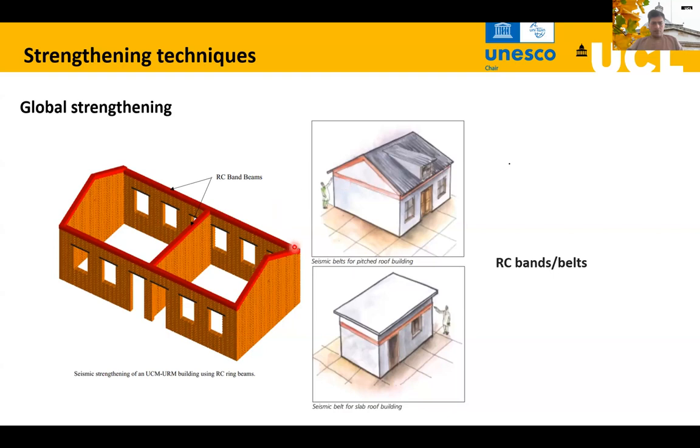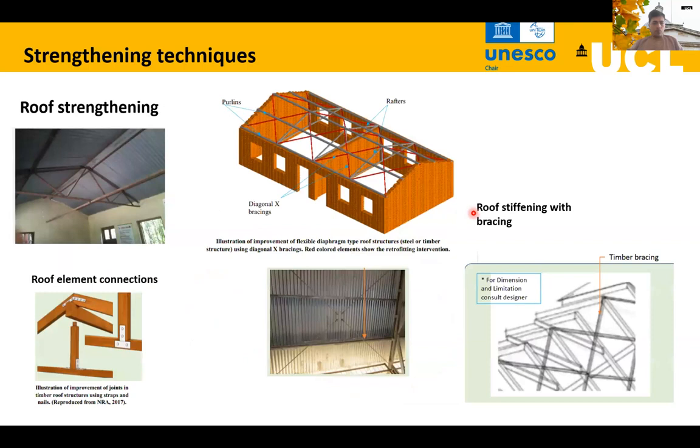And not complete bands, but we can use seismic belts. So binding all the walls together at the outer surface can also provide global box-like behavior and impart some ductility. In terms of roof strengthening, this is not very structural, but this is also a horizontal structure, which helps distribute the seismic forces at the horizontal level.